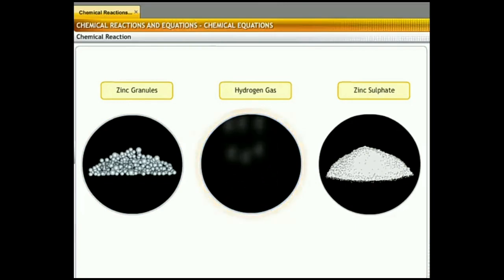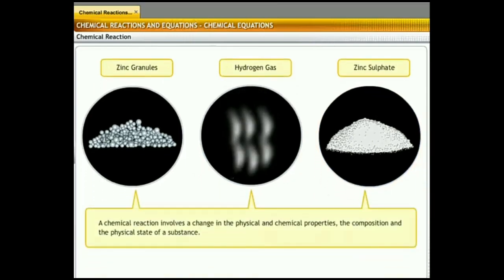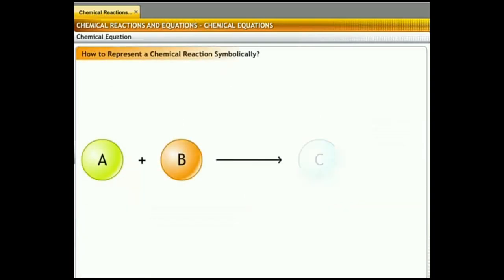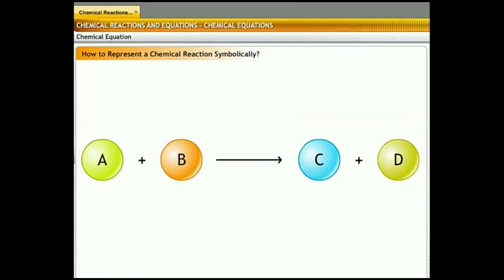Zinc sulfate is basically white in color, but as the reaction is occurring in the aqueous medium, zinc sulfate will form in terms of aqueous solution. So we cannot see solid zinc sulfate individually until and unless we evaporate it. Now we will represent this entire reaction in the form of a chemical equation. A chemical equation contains a reactant side and a product side, and always it has to be balanced.